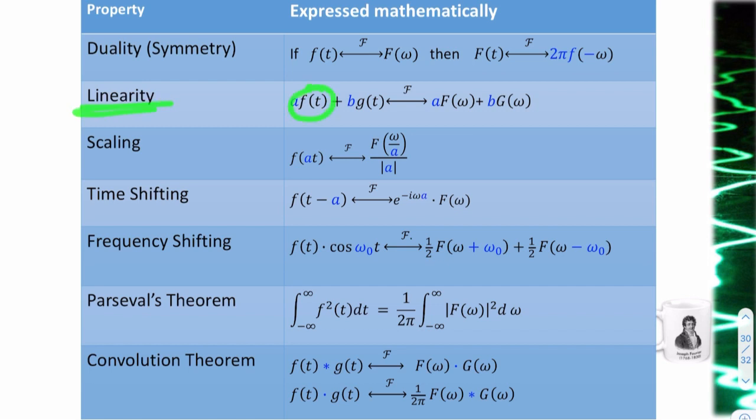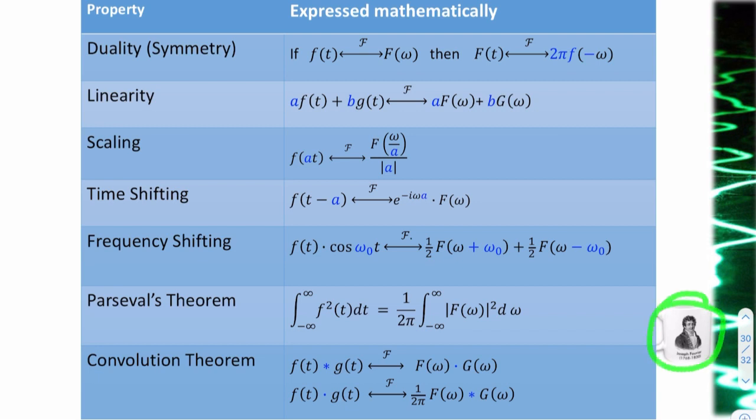Linearity, where we add signals in the time domain and we look at the effect on the spectra. And duality, where we said that if f of t and F of omega are a pair, then the same should be true with the minus sign and a 2 pi factor in the frequency domain.